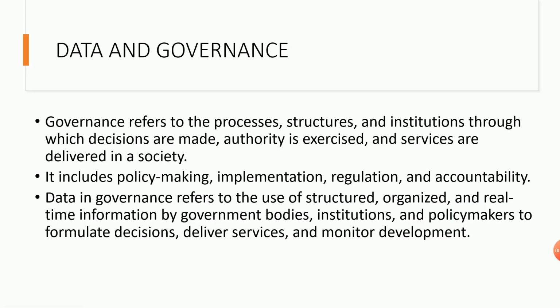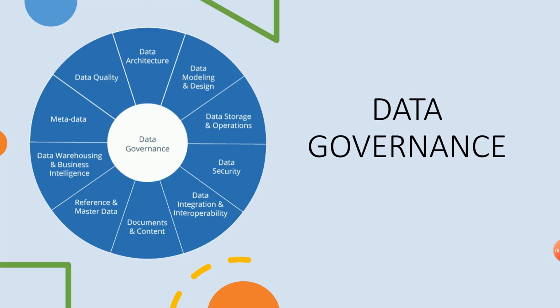Please note that in yesterday's class we have seen there are 3 types of data. Here mainly structured data is used, organized and real-time information by government bodies, institutions and policy makers to formulate decisions, deliver services and monitor development. So that is how data and governance are interrelated with each other.